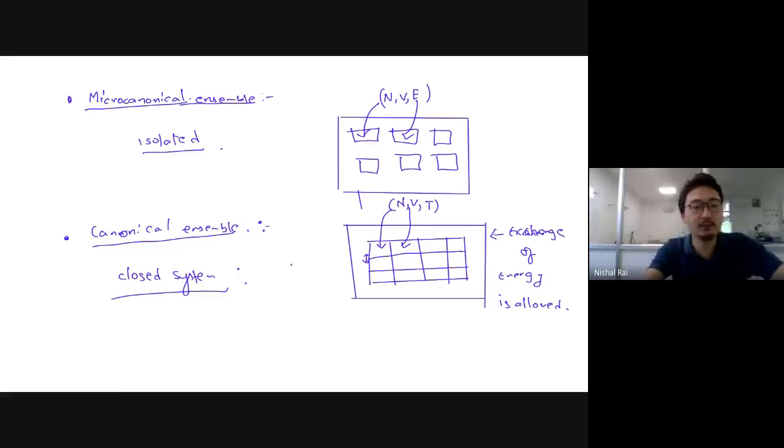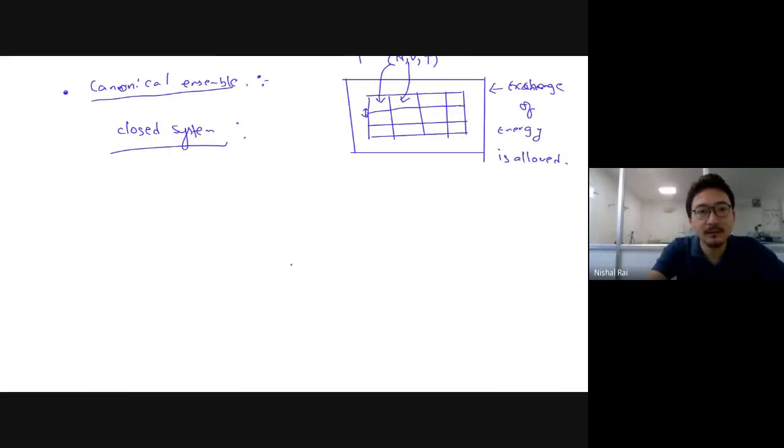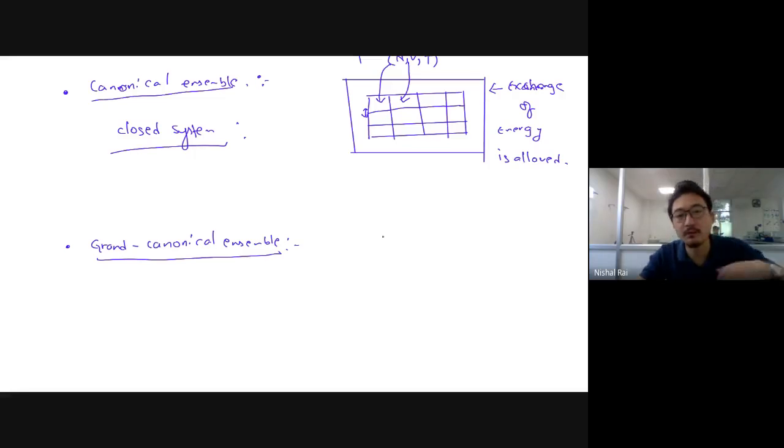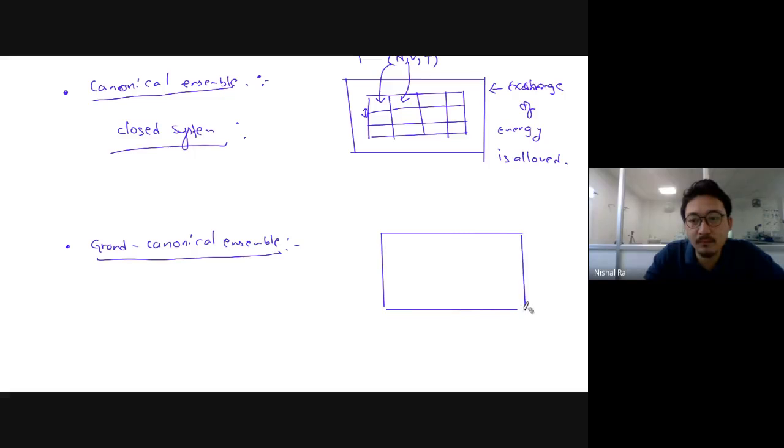And the third one was what? What was your third one? Grand canonical. In your grand canonical ensemble, what was the property of this kind of ensemble? You had a system and let's say you have such small boxes, but they are kind of dashed.